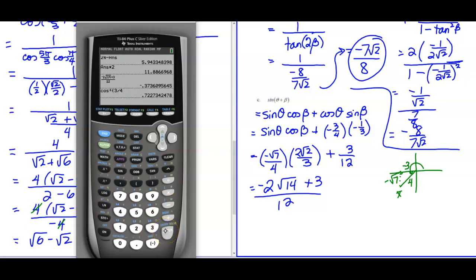So that's my reference angle. It's going to be plus 5. Okay, so that's my theta. So now I'm going to go sine of that angle plus that one, and you get the same value.